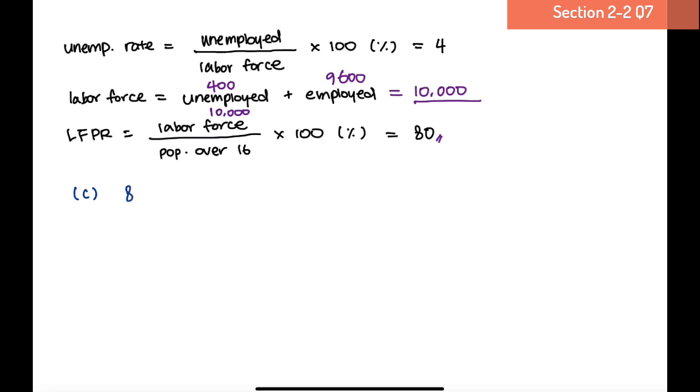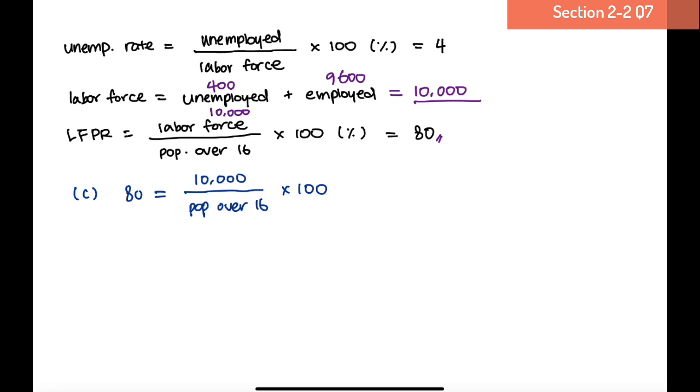Again, our labor force participation rate is 80. Our labor force is 10,000. We want to know the population over 16 times 100. So all we need to do is solve for the population over 16.